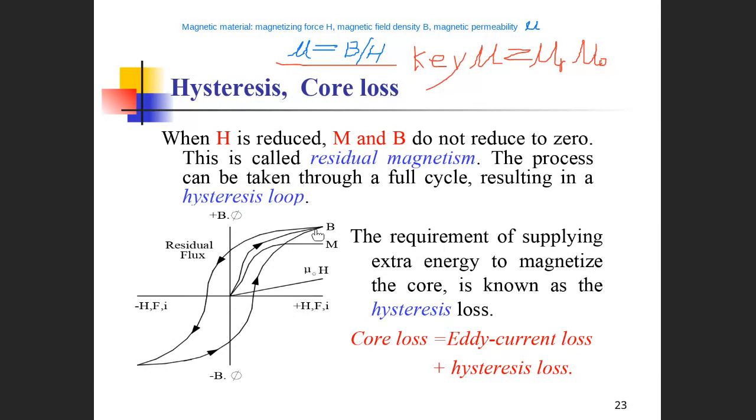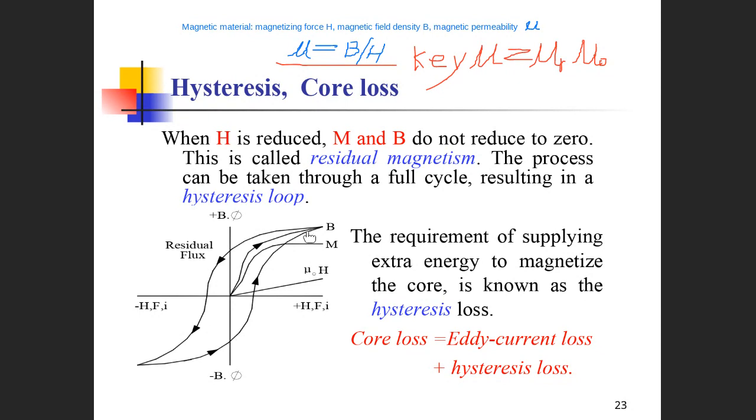Finally, when the current changes in a cycle like AC current, they form a so-called BH loop. Because of the periodical change of the current, there is periodical change of the H and periodical change of the B. The BH changes periodically, but does not follow the same path as at the beginning.